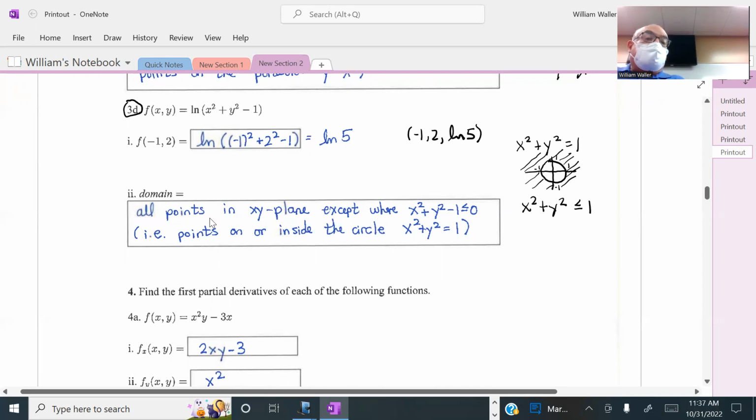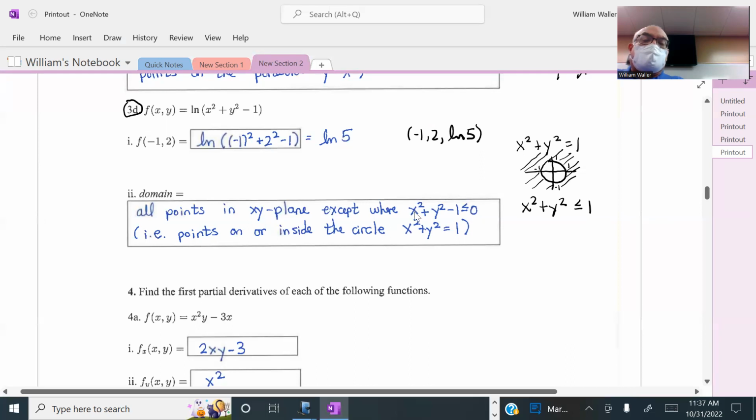So what you're going to do is exclude points in the xy plane where x squared plus y squared minus 1 is less than or equal to 0. Those are the things you want to throw out of your domain, because then you'd be computing natural log of 0 or a negative number.